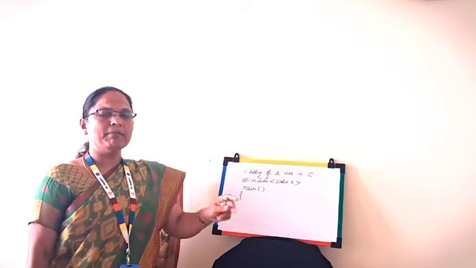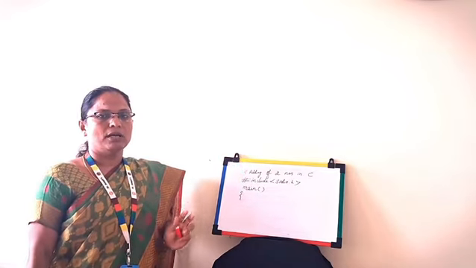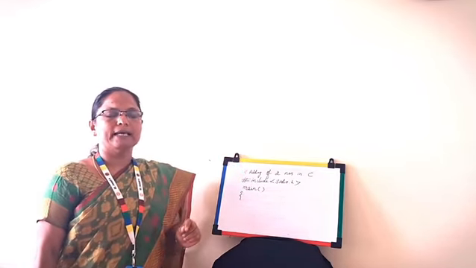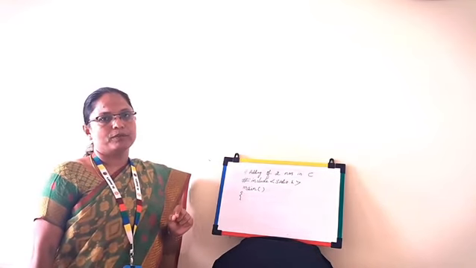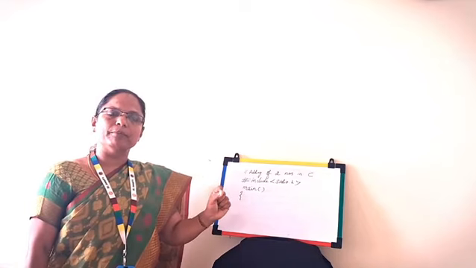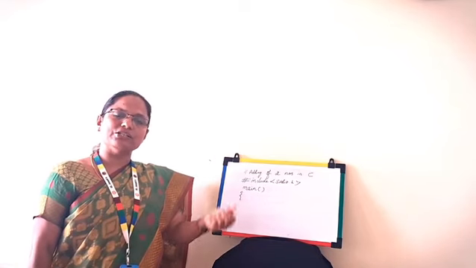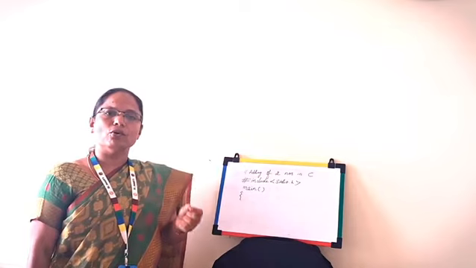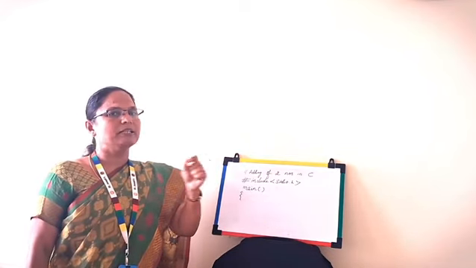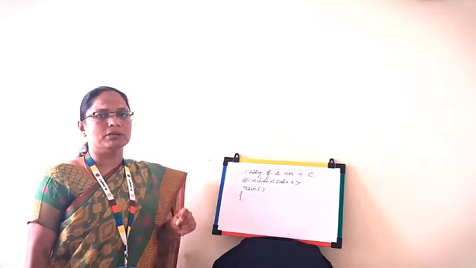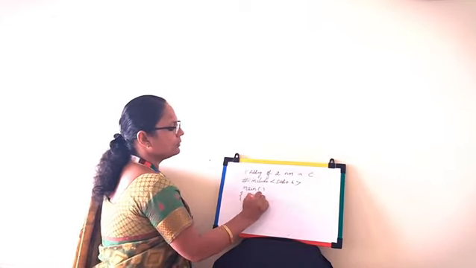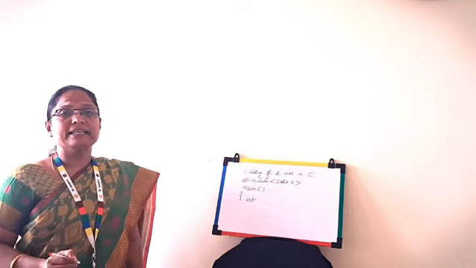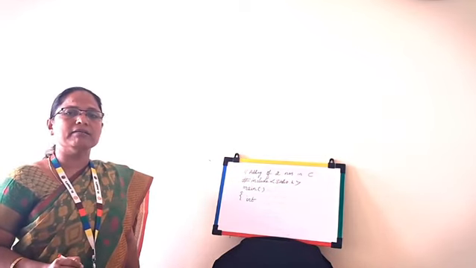Now what is our aim? Adding two numbers. If I want to add two numbers, I have to say what those variable types are. Numbers can belong to either integer type, float type, or double type. So here I am going to declare three variables. Why are we declaring three variables?